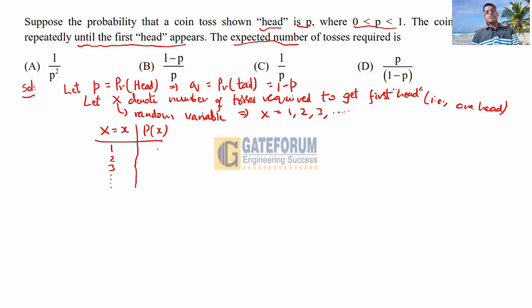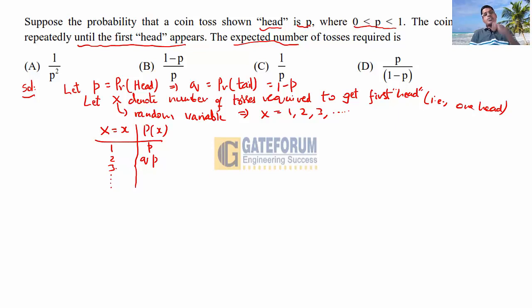What is P of 1? It means probability of getting head in the first toss, that is small p. What is P of X is equal to 2? It means probability of getting head in the second toss, that is, not getting head in the first toss. Okay. So that is nothing but Q into P. What is Q into P? Probability of getting tail in the first toss multiplied by probability of getting head in the second toss, first time.